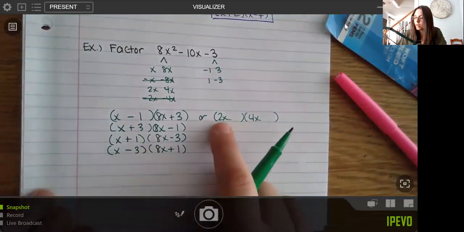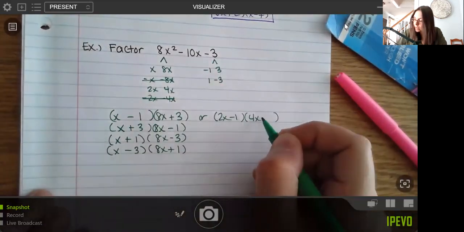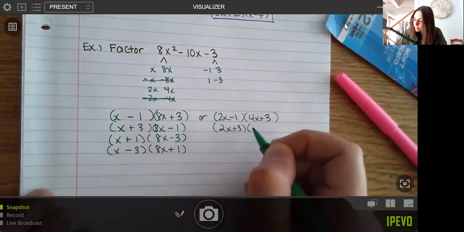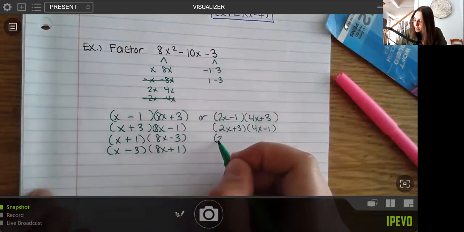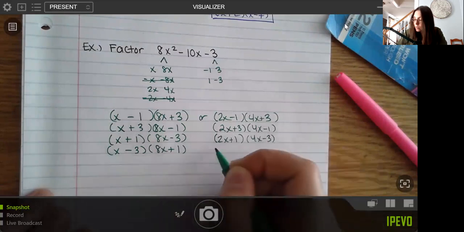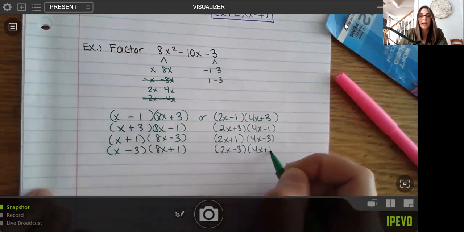And the same thing here. Well, what if it's 2x and 4x? I could use -1 and +3. Or I could use the next one, 2x +1, 4x -3, or 2x -3 first and 4x +1 second.